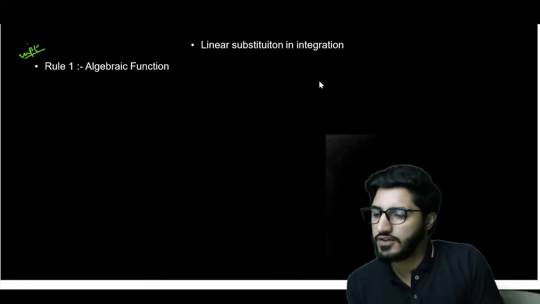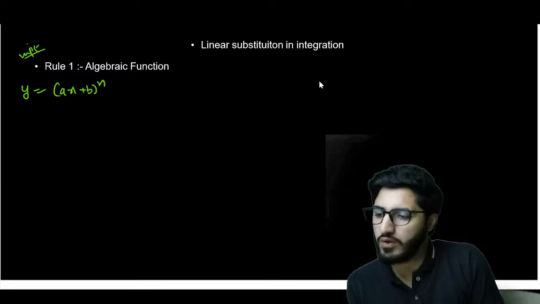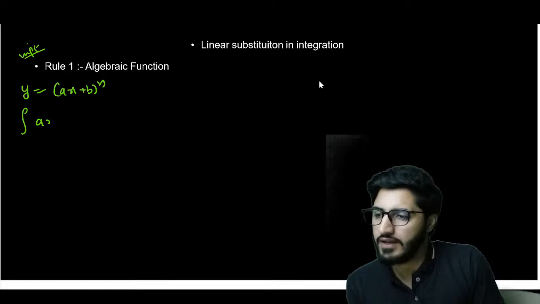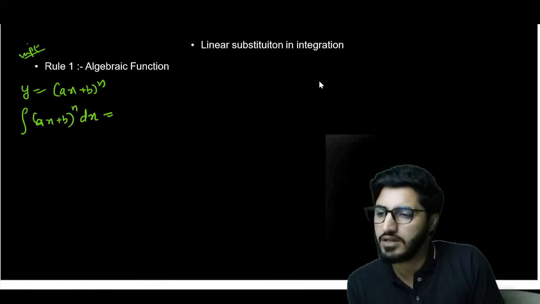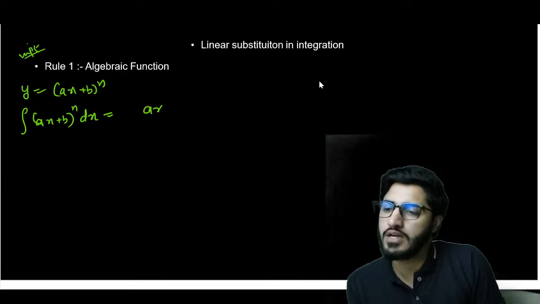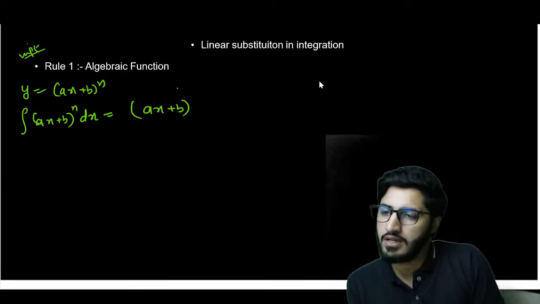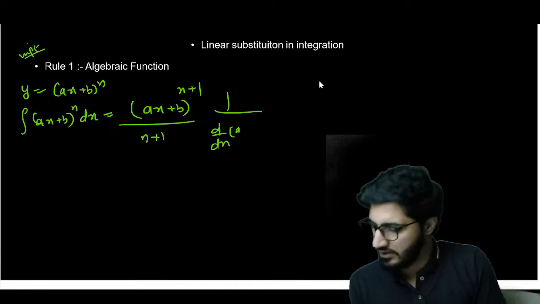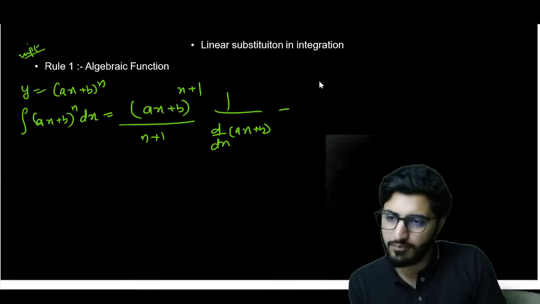Firstly, if we are having the function y equals (ax plus b) power n, how can we do it? I have to do the integration of (ax plus b) power n with respect to dx. The answer will be (ax plus b) power n plus 1 divided by n plus 1, times 1 divided by the differentiation of ax plus b, plus c.